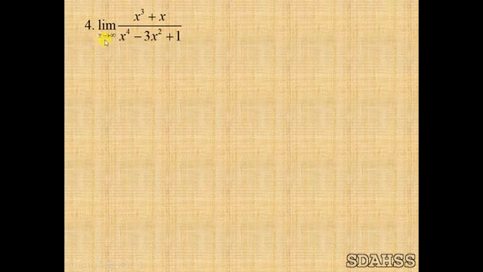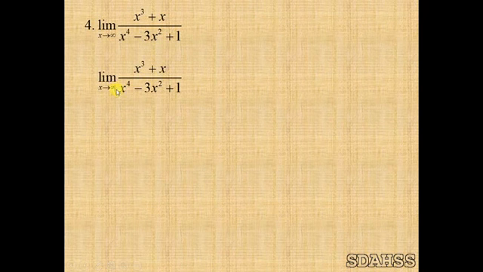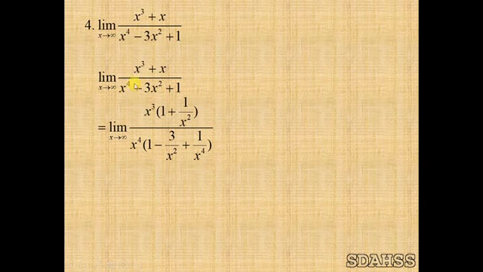Fourth sum: limit x tends to infinity of (x cube plus x) divided by (x power 4 minus 3x square plus 1). Consider the numerator. In the numerator find the highest power.